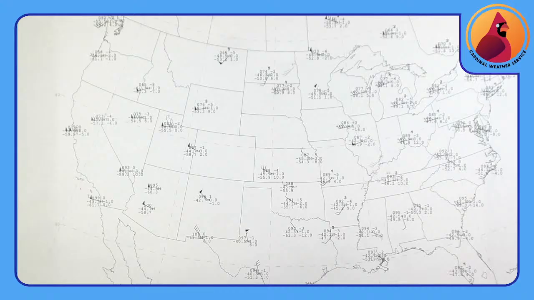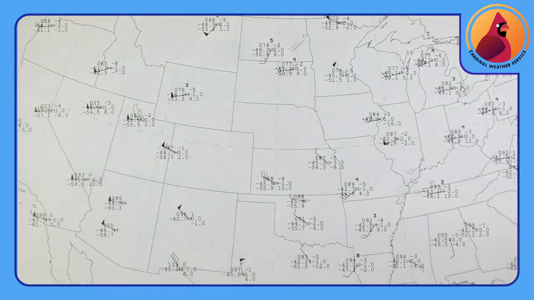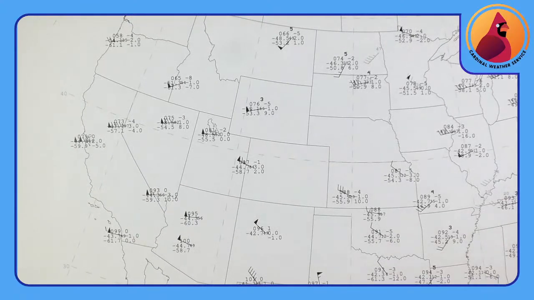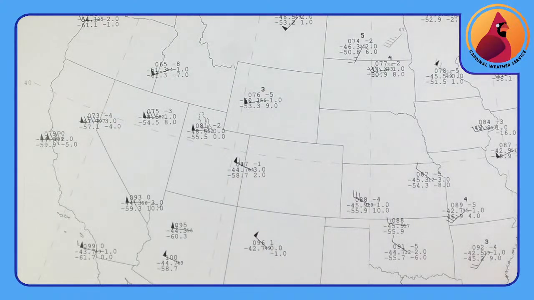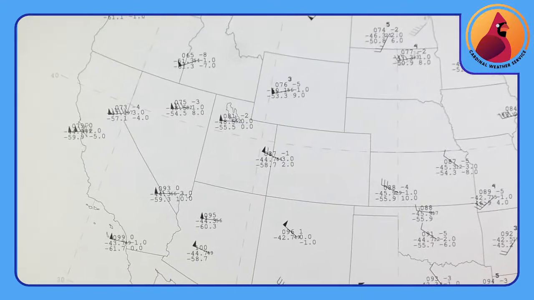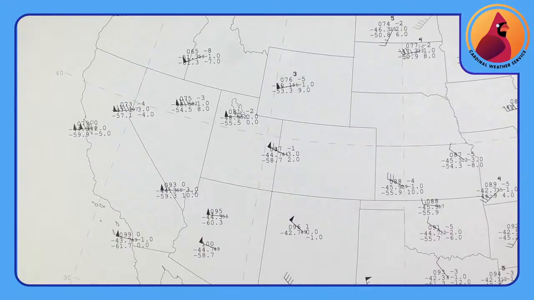Let me see if I can zoom in here a little bit more so we can see that in a little more detail. So we have, as of this morning, 12Z on the morning of June 16th, 2025, just one station in our entire map here with wind speeds exceeding 100 knots.